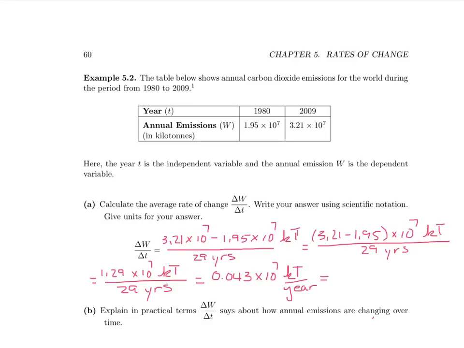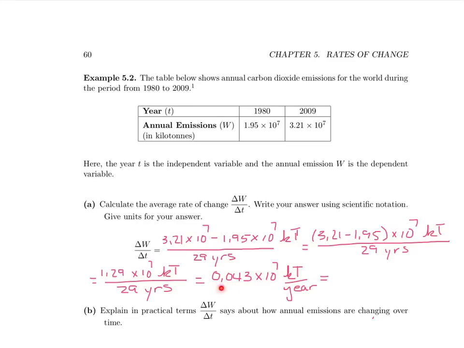Now, we want to give our answer using scientific notation, which means we need to rewrite this value as 4.3. So we need to have that decimal point moved over between the 4 and the 3. If you actually calculated the whole quantity, so with the 10 to the 7, you would move the decimal point 7 places over to the right.